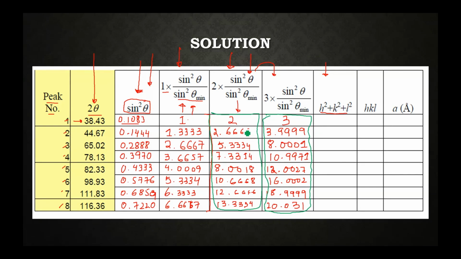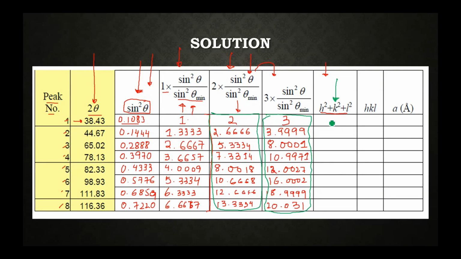Which of the two columns have values which are whole numbers or almost whole numbers for all the peaks? Third column. Exactly. So you have to select one of the columns in which the values are whole numbers or almost whole numbers. Whichever column you select, you would round off the values and write down the values in the h square plus k square plus l square column.